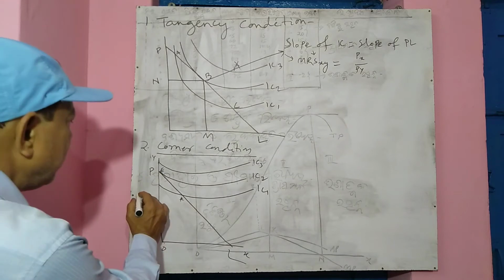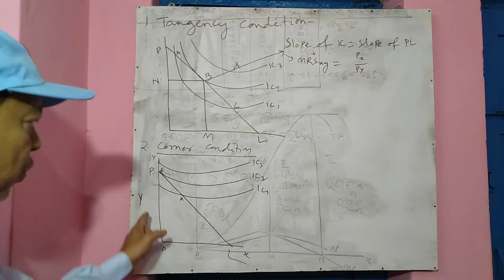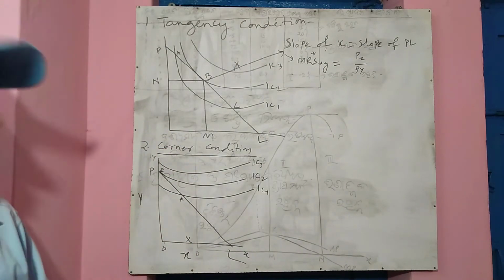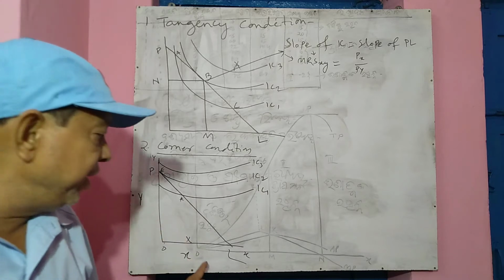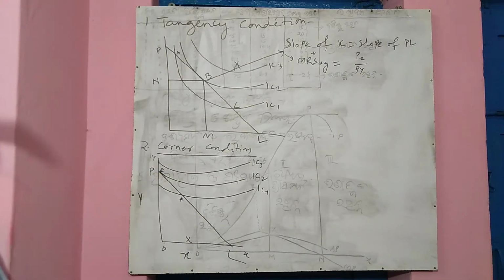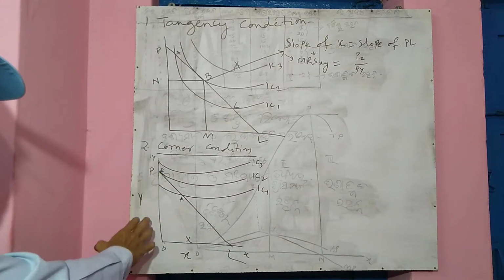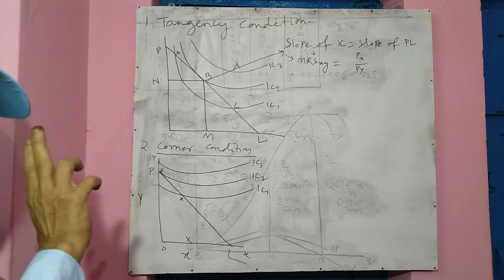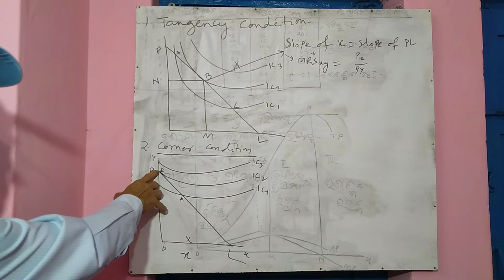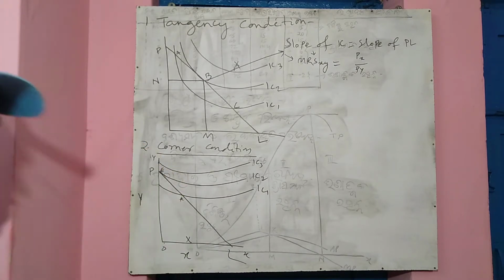The consumer will be forced to consume only good Y and not any of good X. At point E, the consumer will only consume OE amount of good Y and 0 amount of good X, because point E represents such a combination.